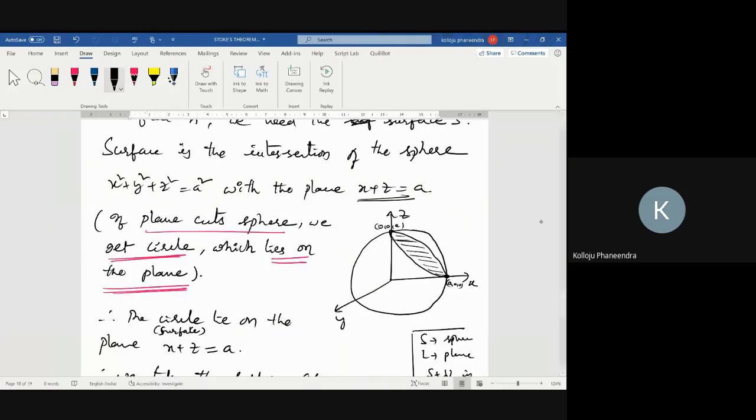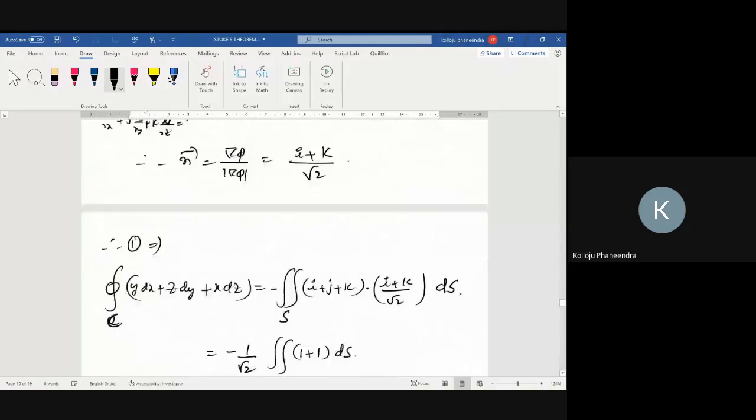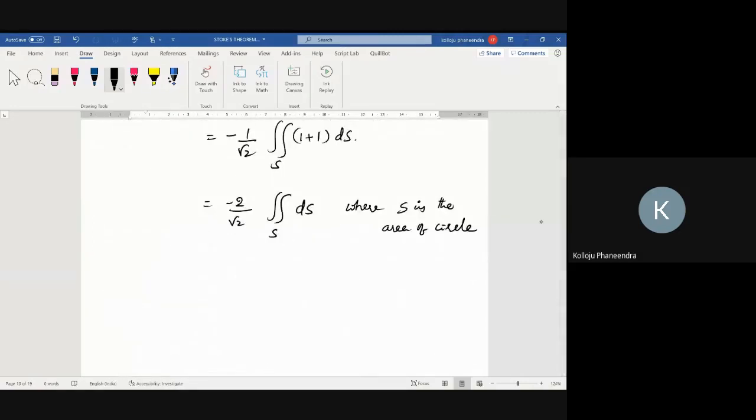Clearly, for this, I don't know the equation of the circle, but I know the diameter of the circle, correct? So I will write here, where S is the area of the circle having extreme points A, 0, 0, 0, 0, A. What is the diameter?